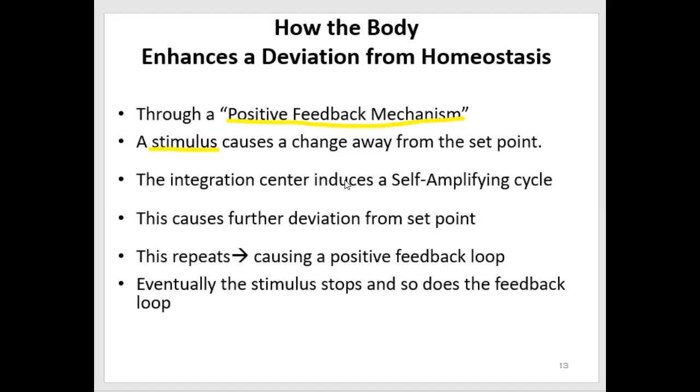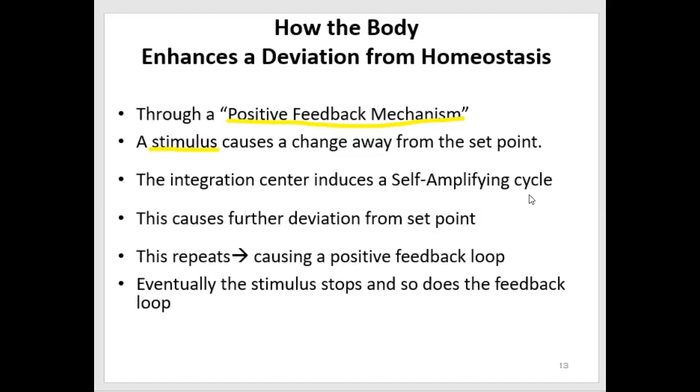That stimulus is going to be sent to an integration center, and the integration center induces an amplifying cycle that causes further deviation from set point. That's why we call it positive feedback. And it repeats over and over again in a loop.